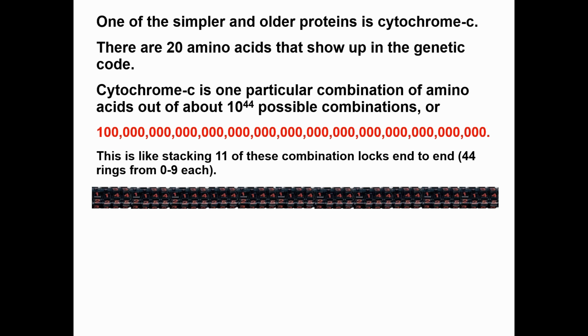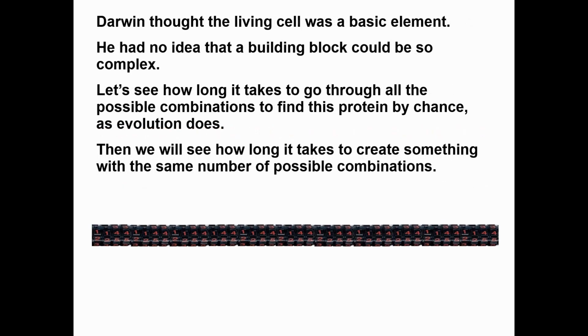You can see here there's a 1 followed by 44 zeros. This is like stacking 11 of these combination locks end to end, which is 44 rings, each having positions 0 through 9, or again 10 to the 44th power.